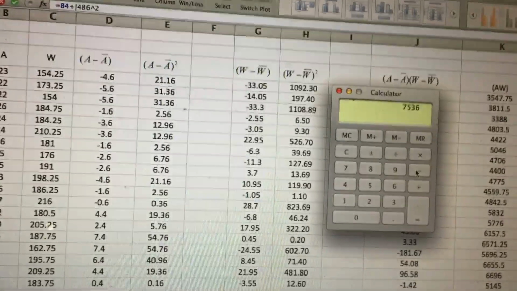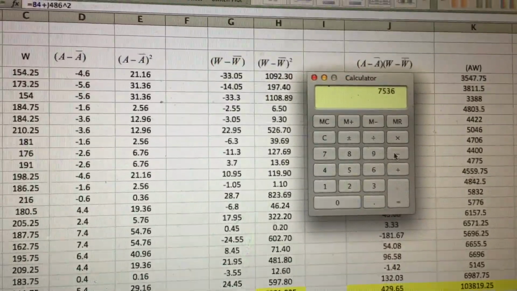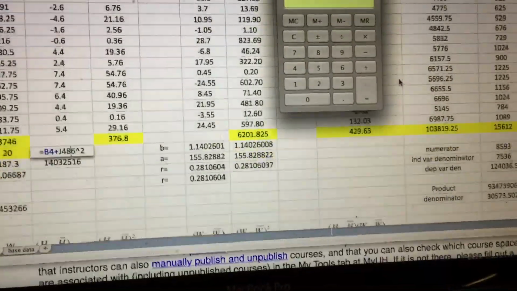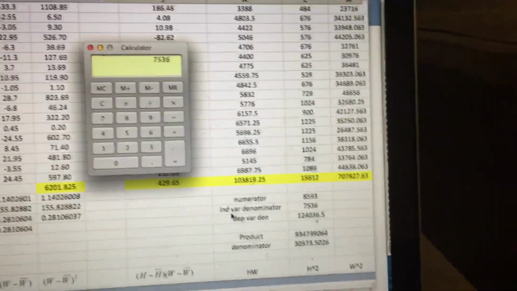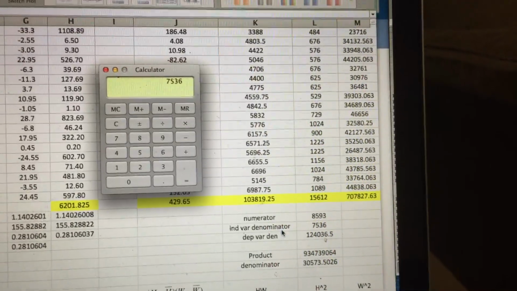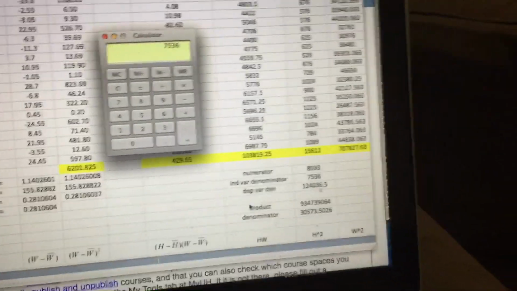Yeah, that's it. Okay, 7536 is going to be the first, what I call the independent variable denominator, right? Because we figured out the x part.